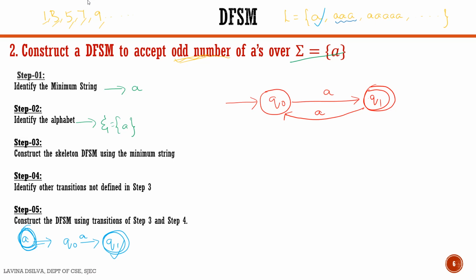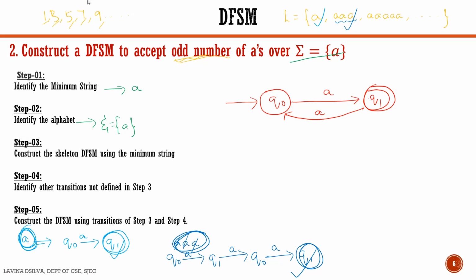So this will be the DFSM for AAA. So we'll see the traversal of AAA. We were in state Q0, we saw our first A, we came to Q1 state. We saw our second A in Q1 state, and we went back to Q0 state. And in Q0 state, when we saw the third A, we came back to Q1 state. We finished processing our entire string, and the last state which we see is Q1 state. Therefore, this string is accepted.